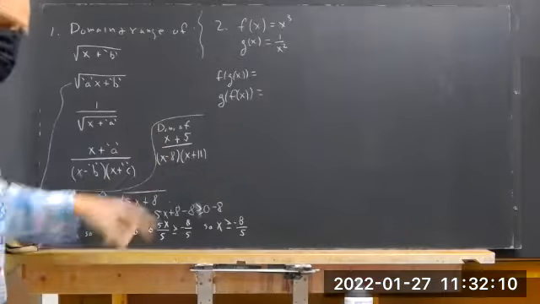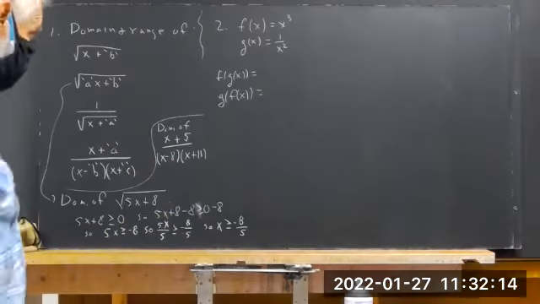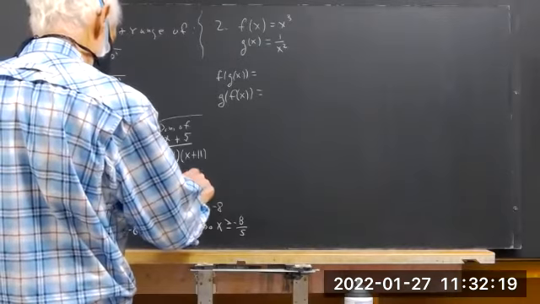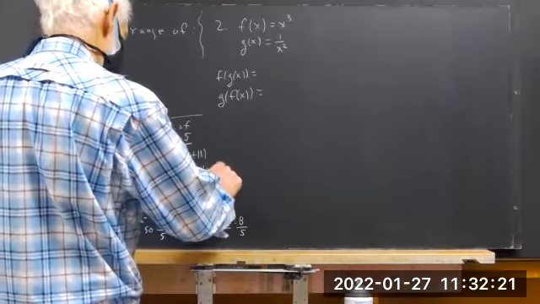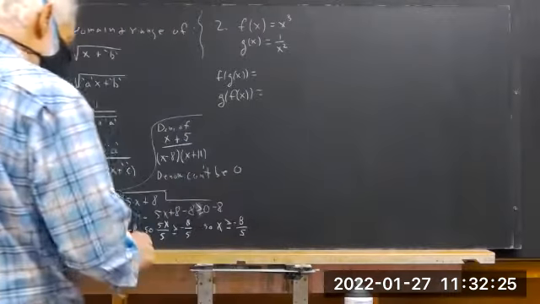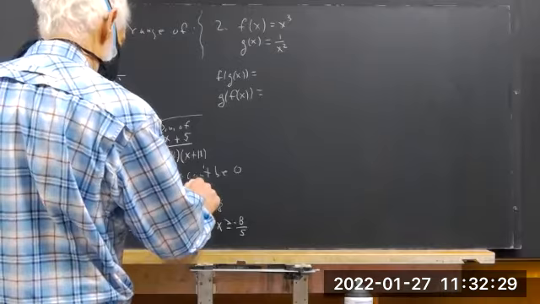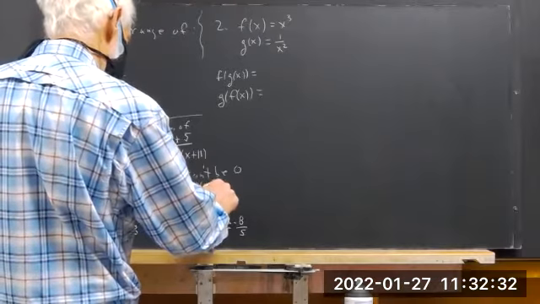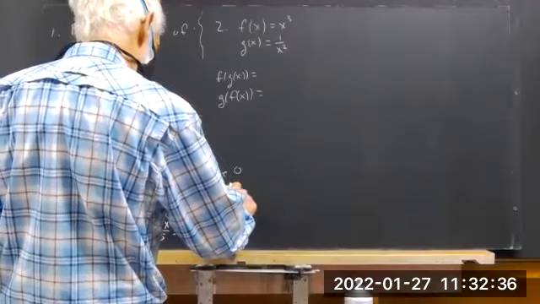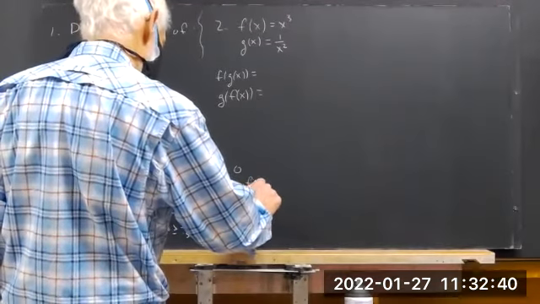What's the restriction in the domain here? Your denominator can't be 0. So x minus 8 and x plus 11 equals 0 is forbidden.